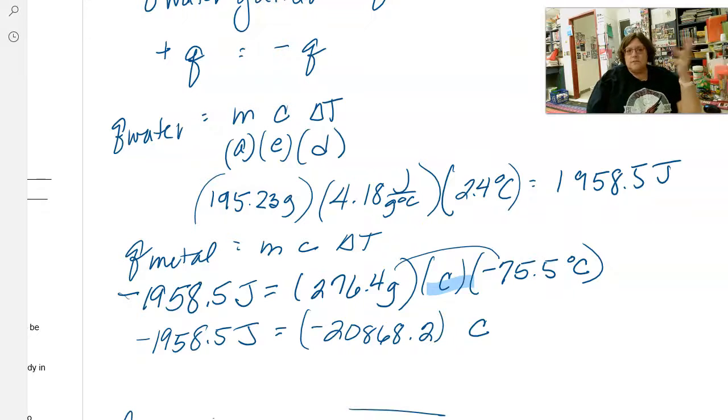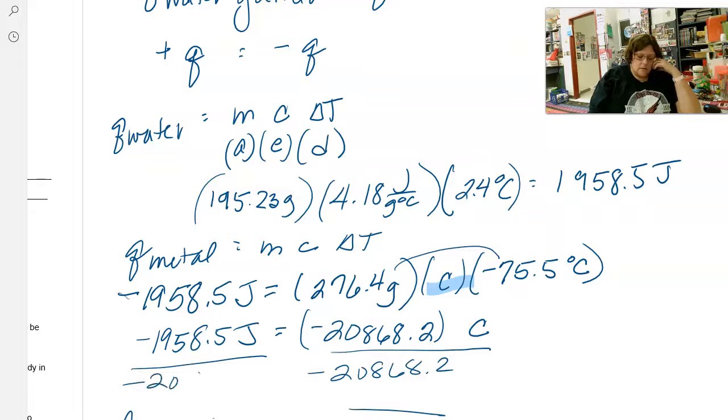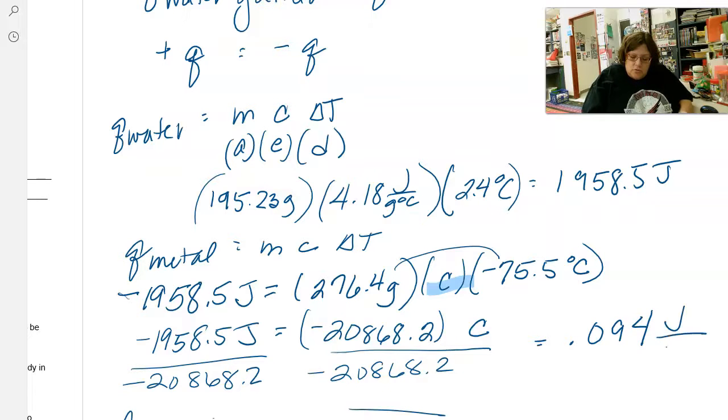So how do you solve for C by itself? Well, we divide both sides by 2868.2, and that comes out to be 0.094 joules over grams degrees Celsius.